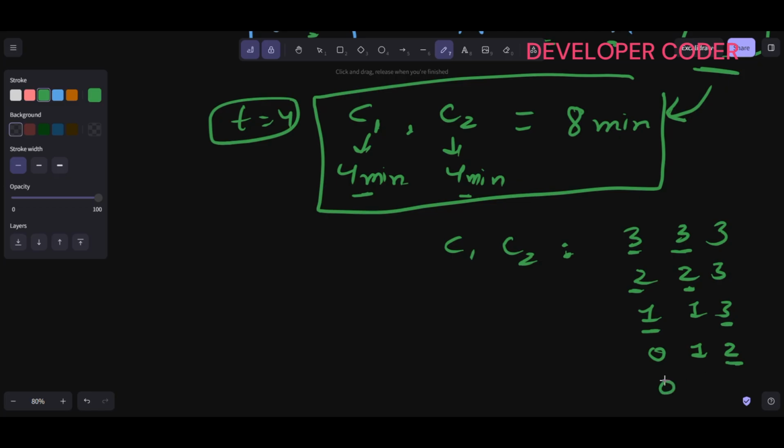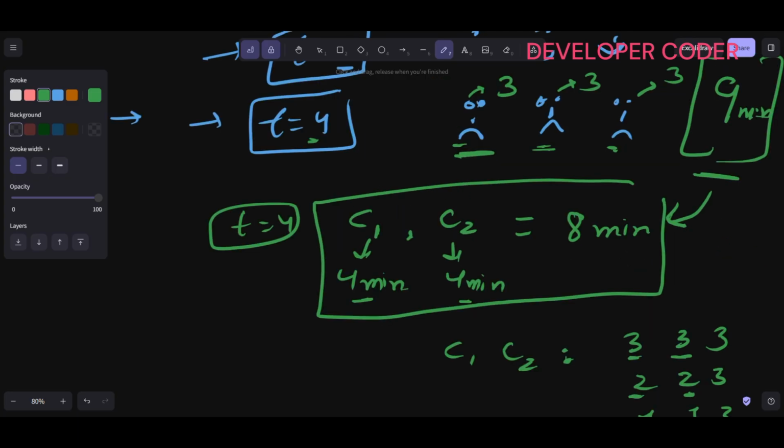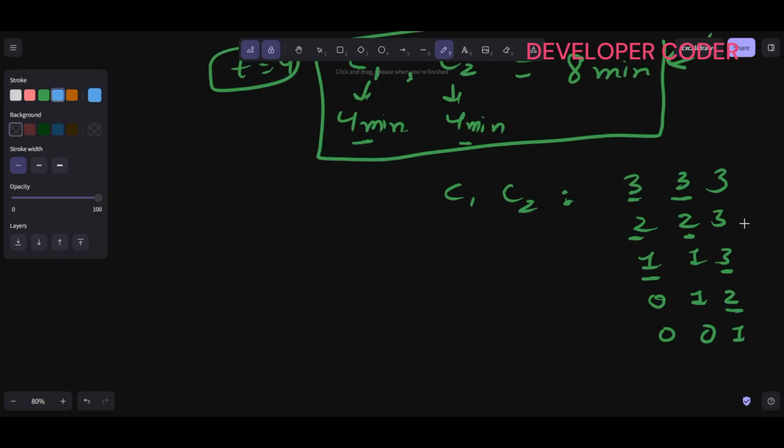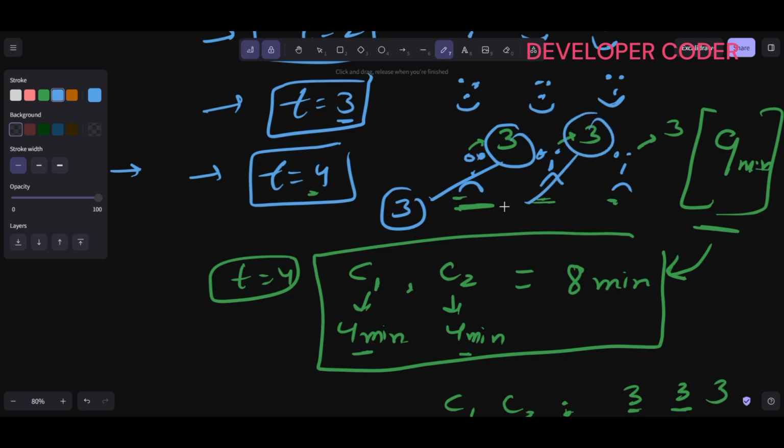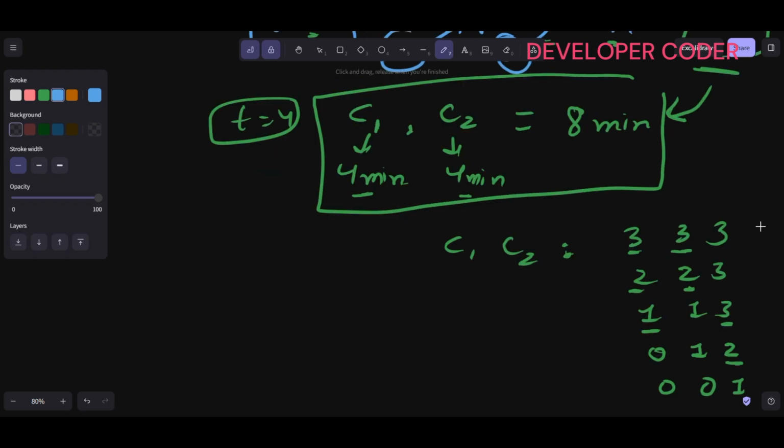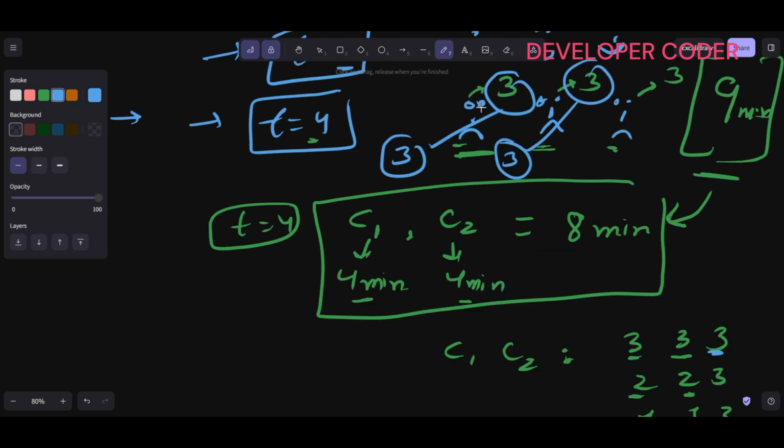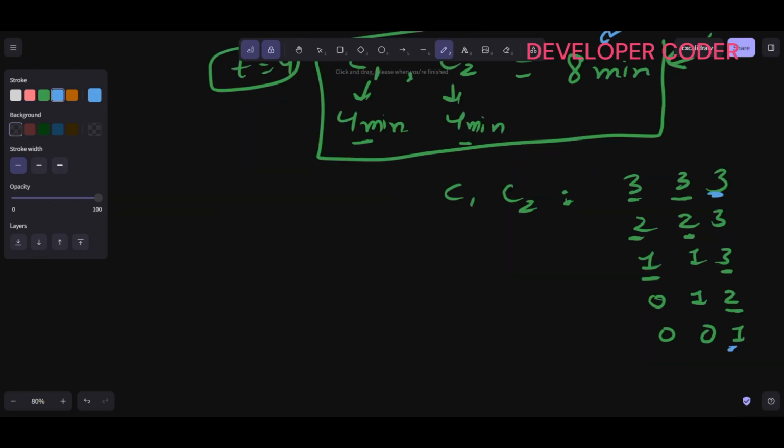And after that it becomes 0, 0, 1. So from this side I consumed all three, and from this side also I consumed all three, and for this side I consumed 2 only, because in the end I'm left with 1. So 3 plus 3 plus 2 is 8. So the answer is possible, this 8 minutes like this.